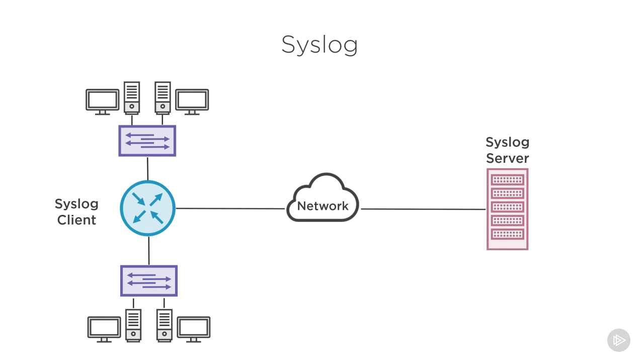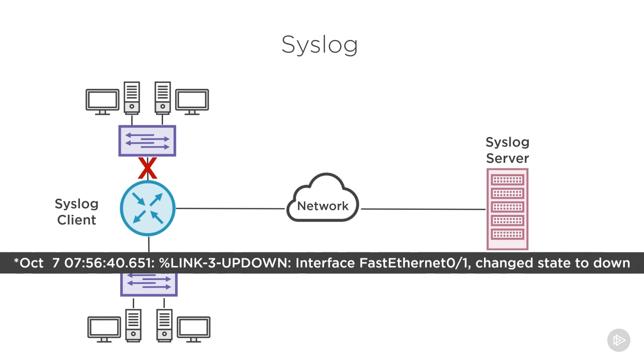What happens then is, should an event occur on the router, like a link going down, that creates a log message on the router. Sometimes we even see these log messages happen while we're configuring the router. When you enter the no shutdown command on an interface, it changes the interface from an administratively down state to either down or up, and when that state change happens, we generate a log message.